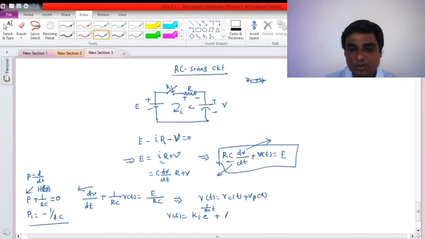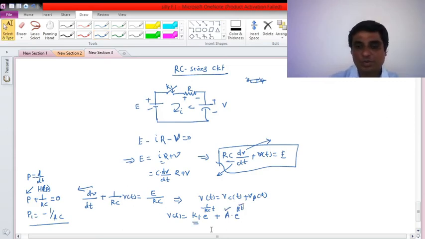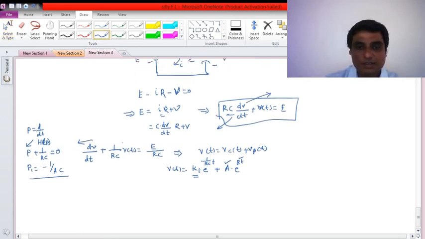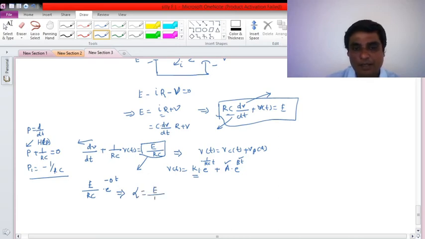Particular solution generally is expressed as A into e raised to beta t, and now I would like to obtain K1, A and beta. In order to get the solution of the non-homogeneous equation, let us express my forcing function in exponential form, so I can write E by RC into e raised to 0 t. From that I can calculate alpha is E by RC, and beta is 0.